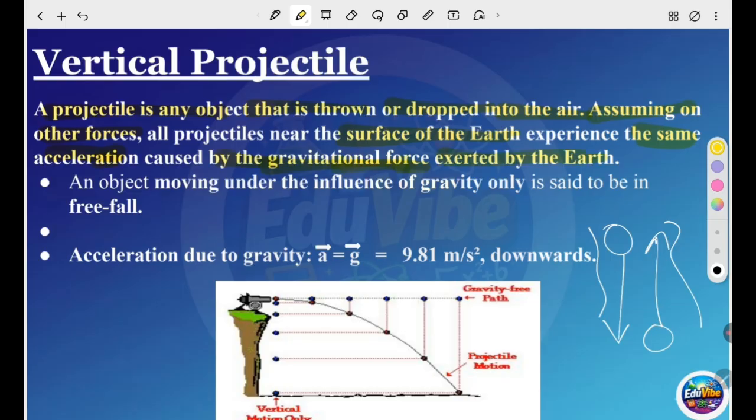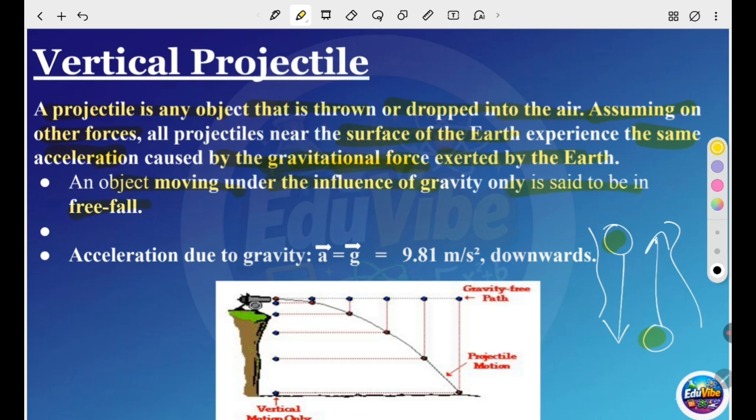That's why it is called the gravitational force, and it acts when we throw or drop an object into the air.